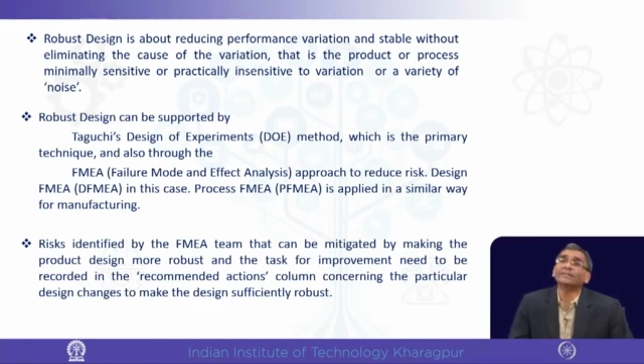But what is to be done for improvement or risk minimization is a thing called the recommended action. There is a format in FMEA that you can always find on the website, where there is a recommended action, what to do. So, there one will note down, okay, this is the action to be taken to mitigate that risk.